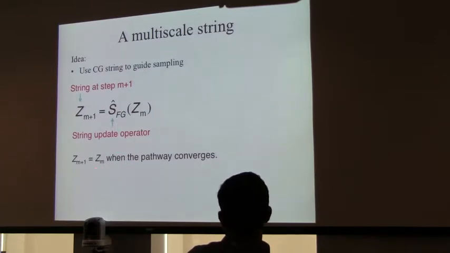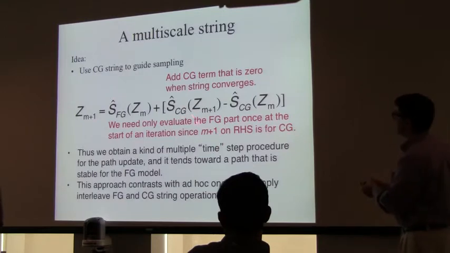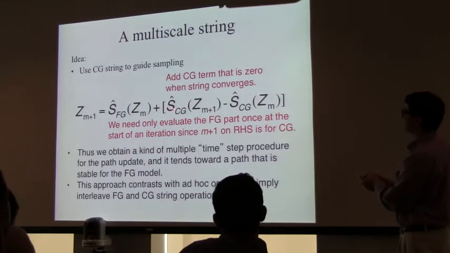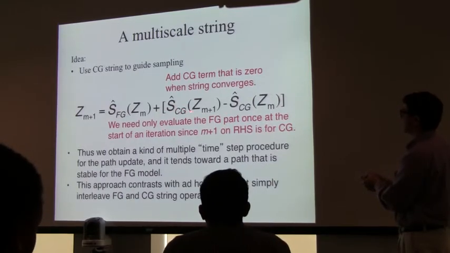Okay. So now what we're going to do is add to this some extra terms that are going to mix in the coarse-grained model, okay? All right. So imagine that I add to this two different coarse-grained terms. These are just the same kind of string operations on now the coarse-grained model.